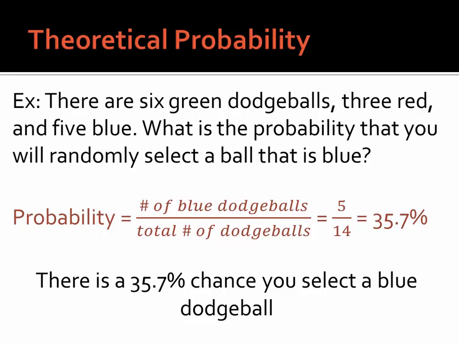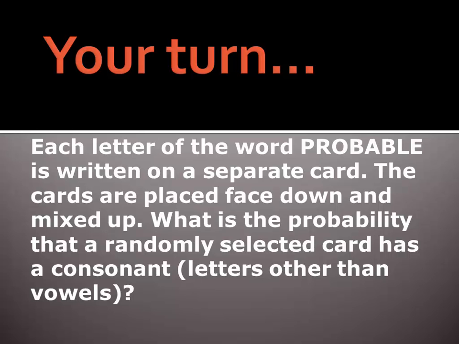Okay. Are there any questions on what we just did right there? I'm pretty sure I'm going to have you try one next. Okay? So this is what you're going to do on your piece of paper.